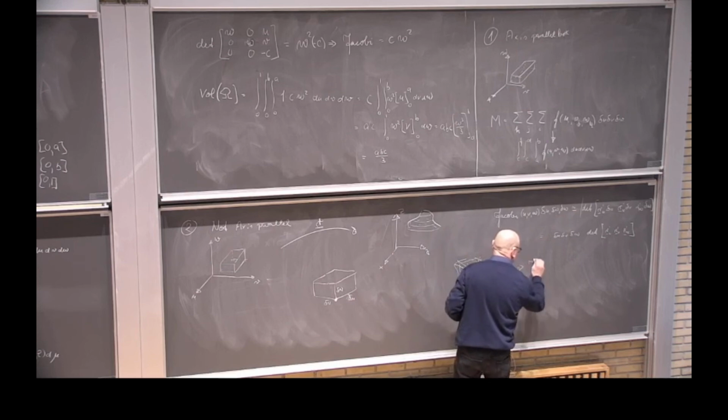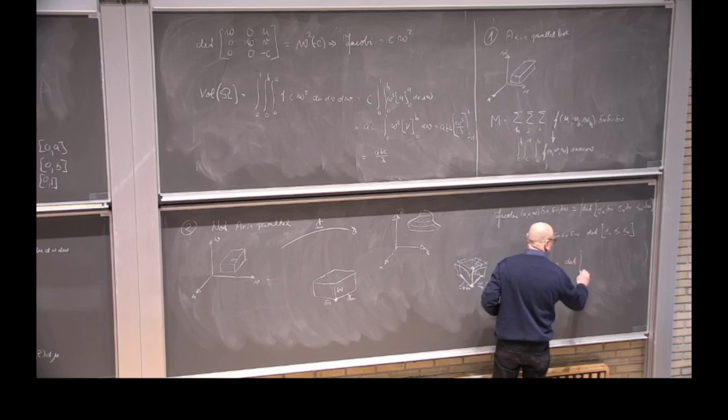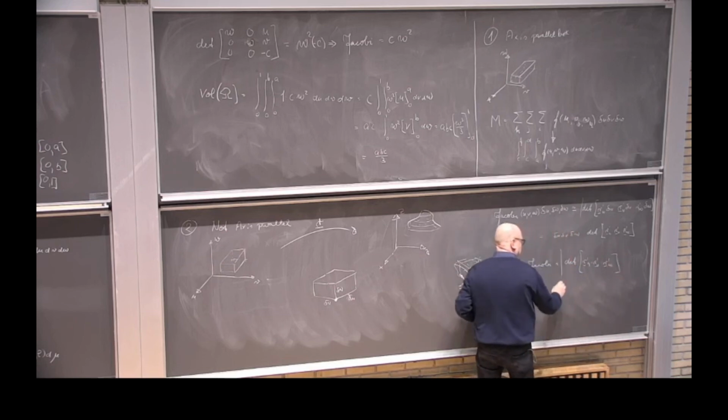Just write it down. The Jacobi function is equal to this determinant, and finally, the numerical value of this.